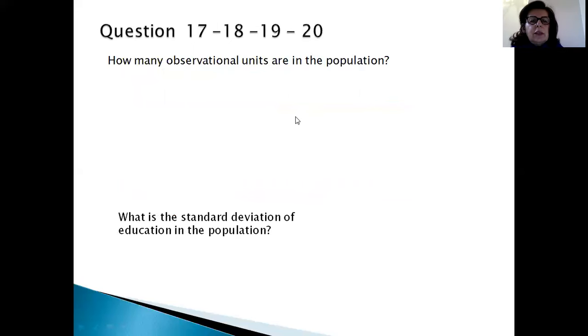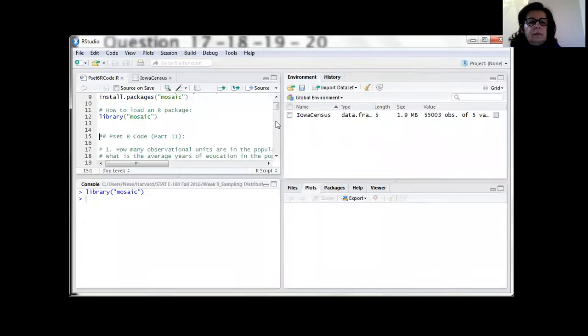How many observational units are in the population? In this case, we need to go and look at our R code. We run the library mosaic.